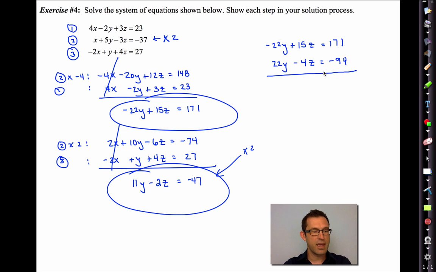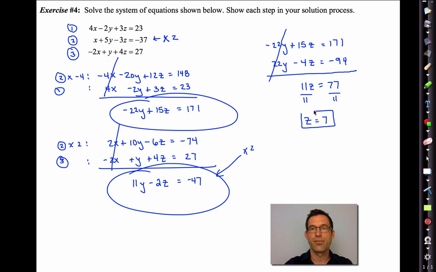The beautiful thing is that when we add these together, the y's cancel, and we're left with 11z is equal to 77. Simple enough, divide both sides by 11, and we get z equals 7.